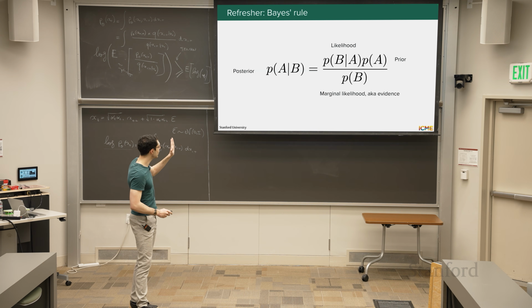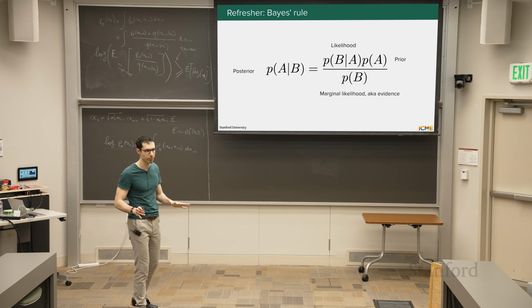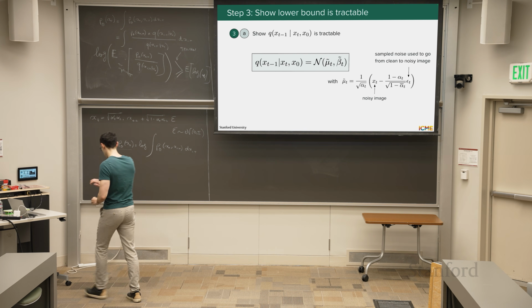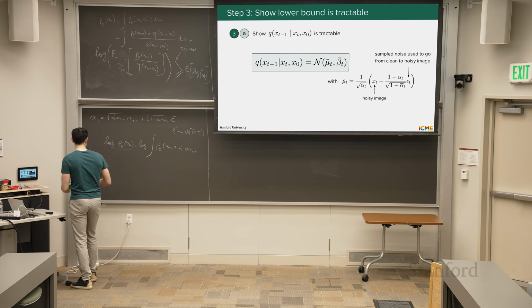In this case, P of A given B equals P of B given A times P of A over P of B. Knowing that, it's quite easy to show that this thing is tractable. This is something we will derive.